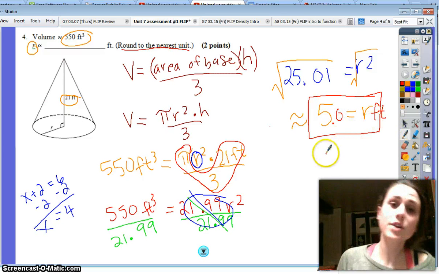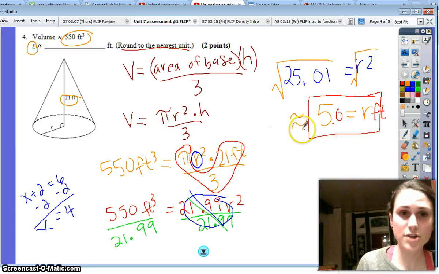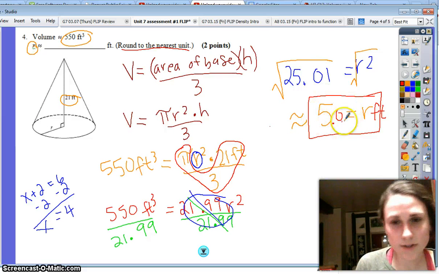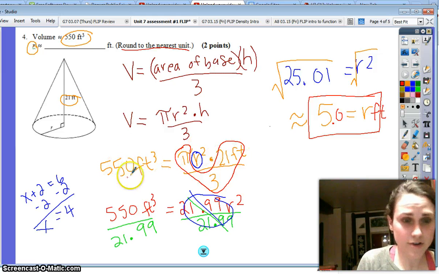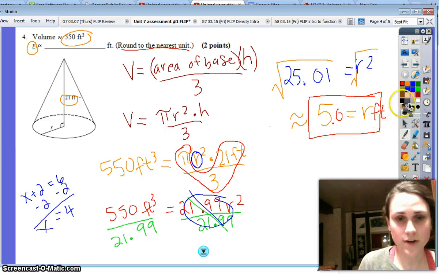I could check my work on this. How would I check my work? I would substitute a radius of 5 into this equation, and if I get a true statement, that 550 equals 550, then I know that I got the correct radius. Let's try that really quickly.